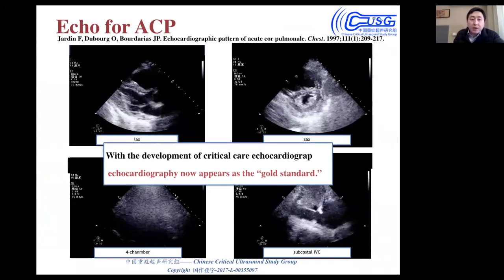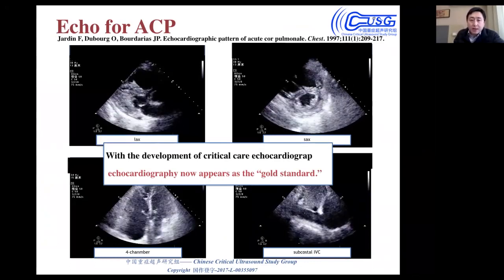With the help of echo, we can easily diagnose the ACP and evaluate the extent of the ACP and the consequence of ACP. We see an enlarged right ventricle and a flattened septum of the heart.